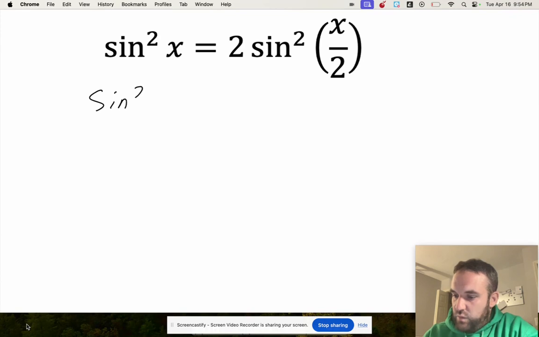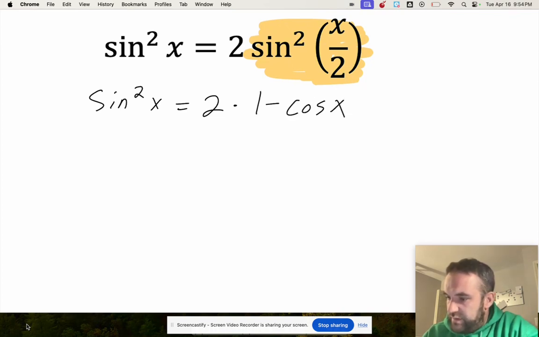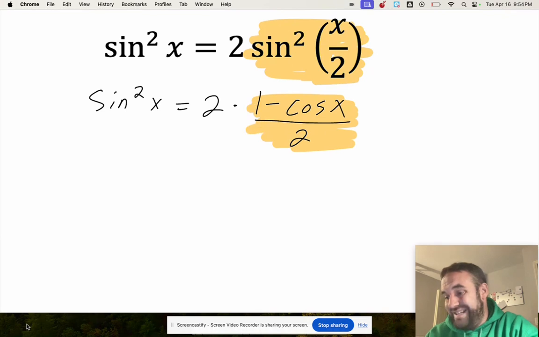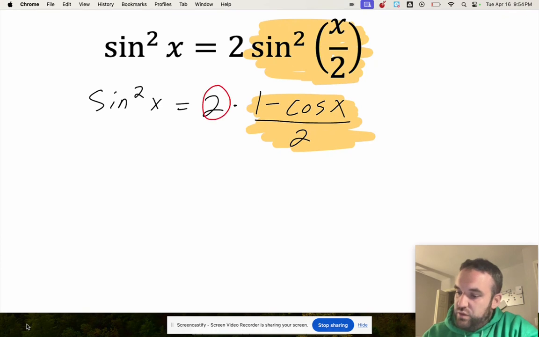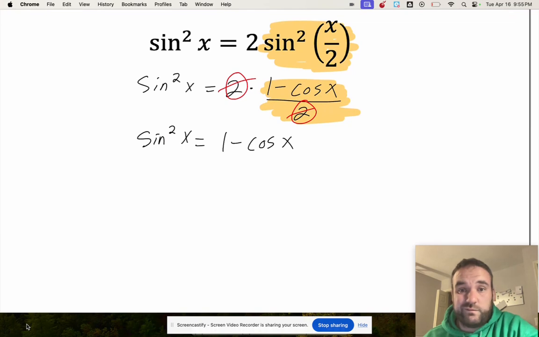So sine squared of x is equal to 2 times, and then here's where we're going to swap out this for 1 minus cosine of x over 2. So this is the formula sheet identity that we're using to change it out. But conveniently, I see I have a factor of 2 on both the numerator and denominator. So now my equation has become sine squared of x is equal to 1 minus cosine of x.